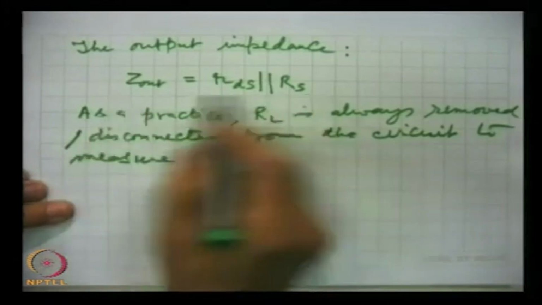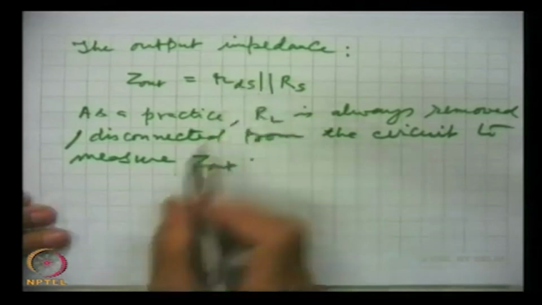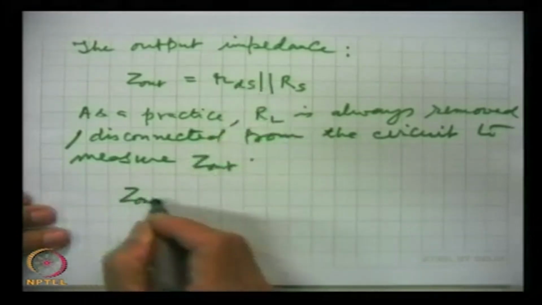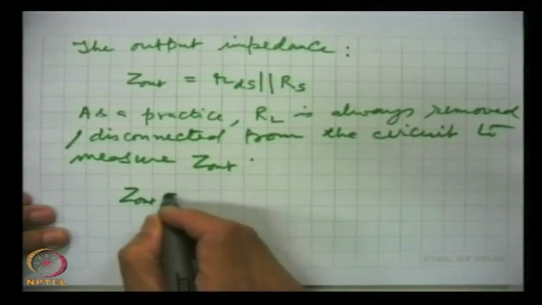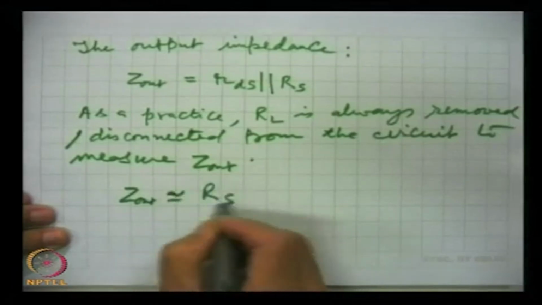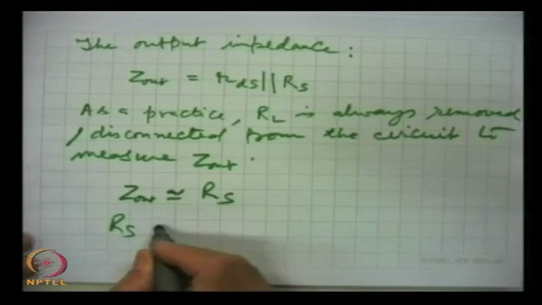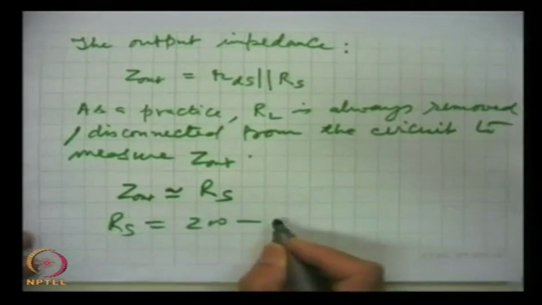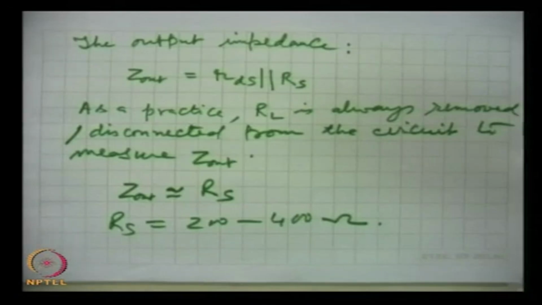So, we are left with these two resistances in which this resistance is very high. So, Z out is very closely equal to Rs, and source resistance normally is kept low. Rs normally may be 200 or 400 ohms. Therefore, the output impedance only for this circuit is very low.